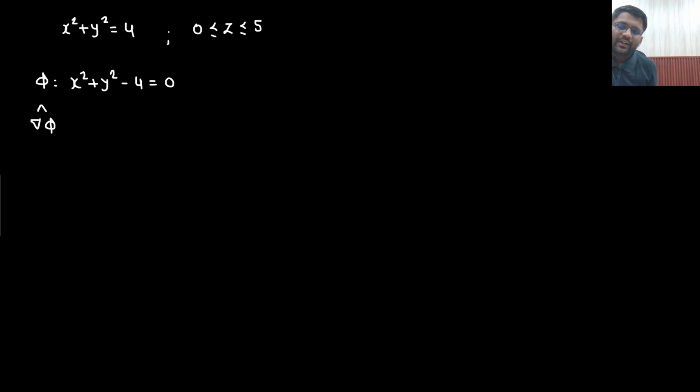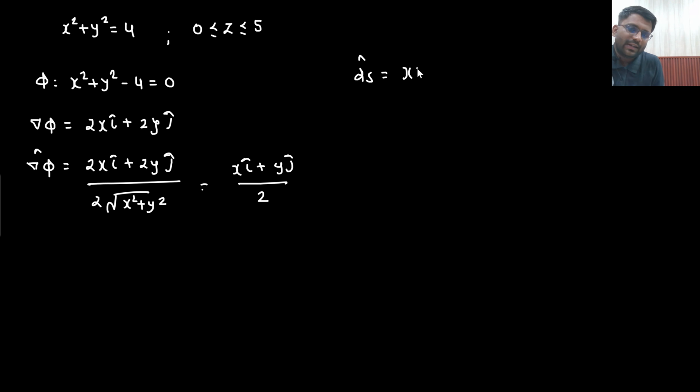So first I am finding out the gradient of phi, that is coming out to be 2x i cap plus 2y j cap, and if I need to find out the direction, then what will be the direction? 2x i cap plus 2y j cap upon 2 under root x square plus y square, which is coming out to be x i cap plus y j cap. Under root x square plus y square is nothing but 2. Is that clear to you? So this is the direction of phi you are getting, or this is the surface area vector that you are getting.